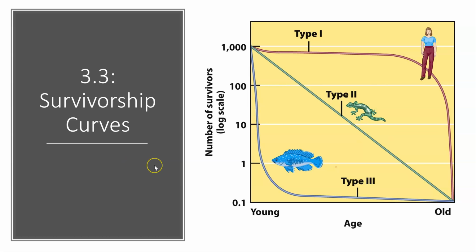All right. So, topic 3.3 is survivorship curves, and this is a direct extension of R and K selected species. There's basically three types of survivorship curves. Another thing we want to make sure we understand is that R selected to K selected is really more of a spectrum.